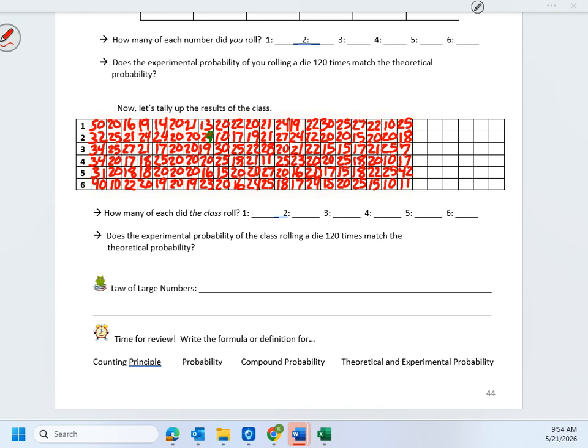Now, we can see that some of these are way off from that theoretical 20, right? Some of us got right on with 20, but a lot of us are off. I'm going to give us a spoiler. Instead of adding it all up, I'm going to tell you that it is way closer to theoretical. Experimental probability is going to be closer to that theoretical probability with the whole class versus yourself.